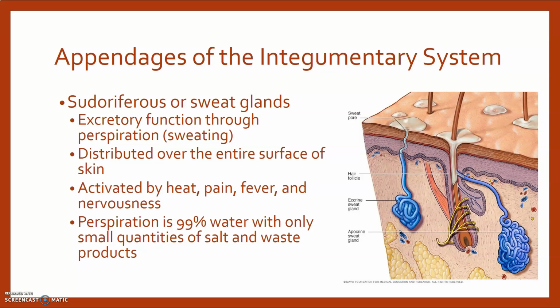And when you sweat, you may taste salt in your sweat, but understand that most of your perspiration is water, and you have very small quantities of things like salt and waste products, such as urea, which comes from the breakdown of proteins in your body. But these sudoriferous glands are important because, again, they help the body in maintaining a proper temperature.